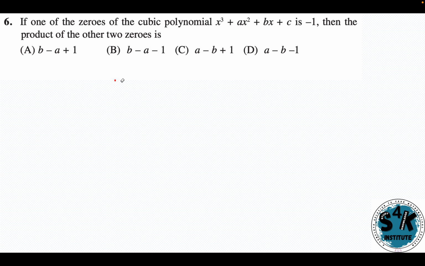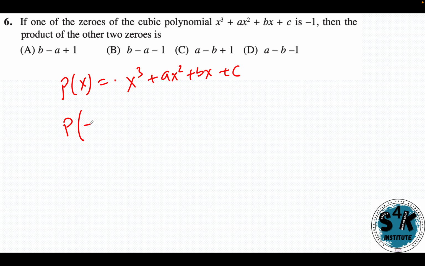First write down the polynomial, that will give you the picture properly. So p(x) is equal to x cube plus ax square plus bx plus c. If you substitute -1, you will be getting 0.